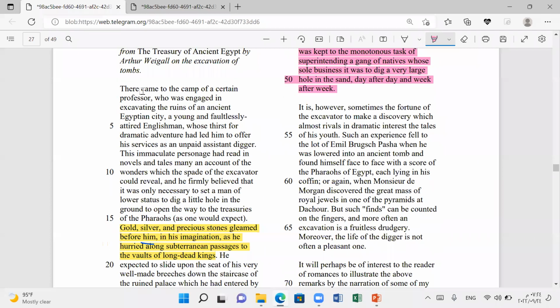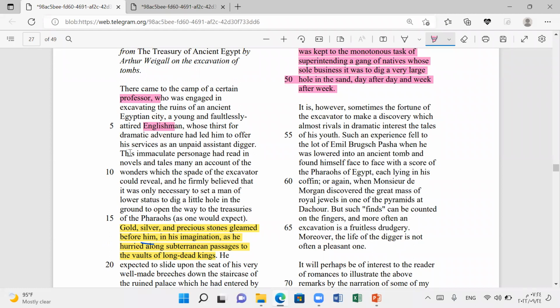So let's read. "There came to the camp of a certain professor, who was engaged in excavating the ruins of an ancient Egyptian city, a young and faultlessly attired Englishman," so I'm still talking about that professor, "whose thirst for dramatic adventure had led him to offer his services as an unpaid assistant digger." So he is offering his services for free, just because he has a certain thirst for dramatic adventure.